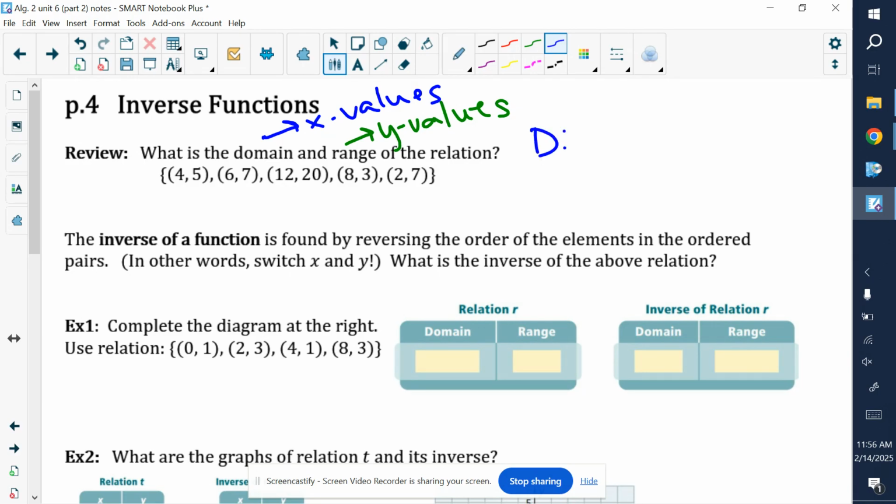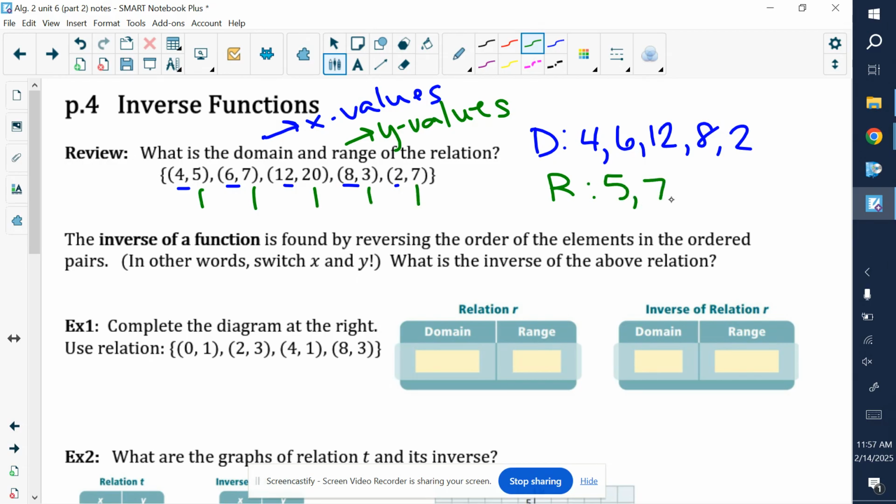So in this function, my domain would be my various x values: 4, 6, 12, 8, and 2. My range, my y values: 5, 7, 20, 3, and you don't have to list 7 again.